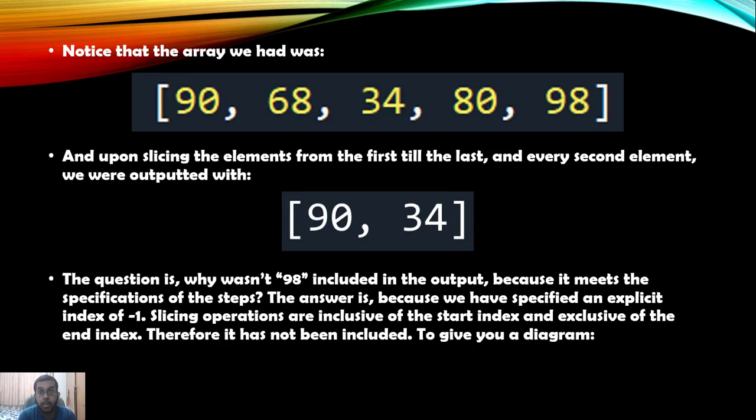Notice the array we had was 90, 68, 34, 80, 98. And upon slicing the elements from the first till the last and every second element, we were outputted with 90, 34. The question is, why wasn't 98 included in the output?